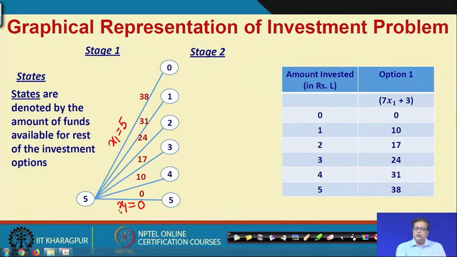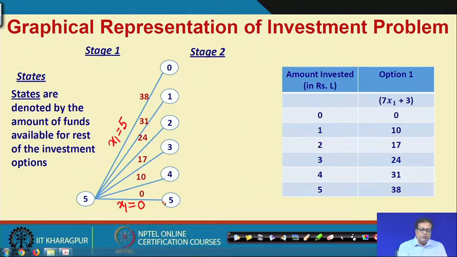If this is 0, look at this chart, we have got an NPV, that is a return, of 0 only. So if we move from 5 to 5, obviously x 1 equals 0 and our net gain is 0 only.